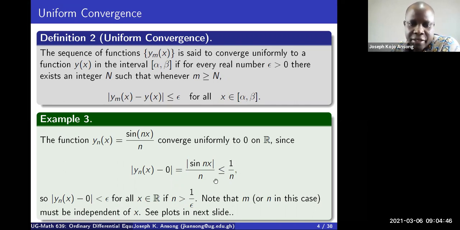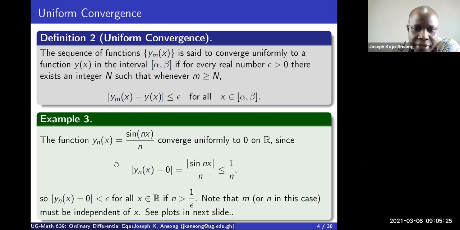Remember that for the definition, I want this to be less than epsilon. So if I take this to be less than epsilon, I can get my N out of that. Which means that the absolute value of y_n of x minus 0 is less than epsilon for all x in R if I choose n to be greater than 1 over epsilon. If I take this to be less than epsilon and solve for n, I can show that n should be greater than this. So once again, note that N in this case must be independent of x.